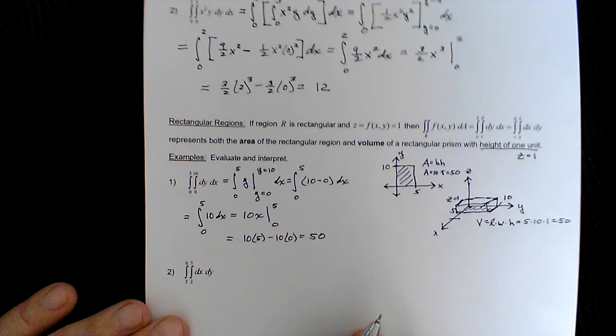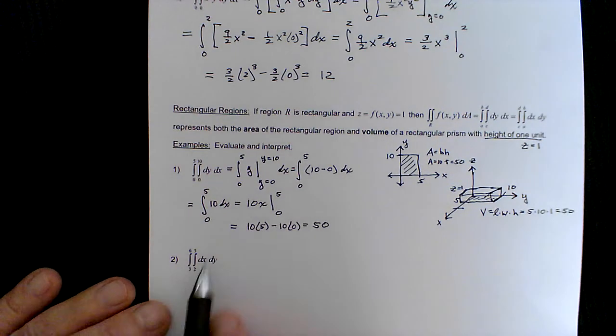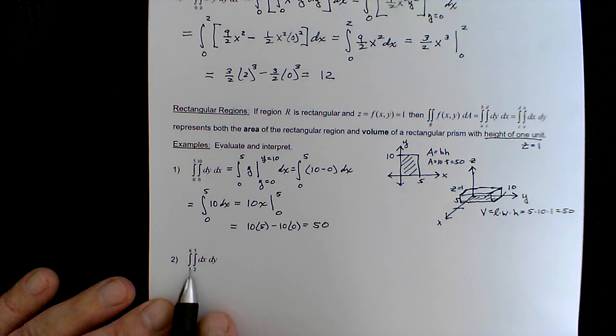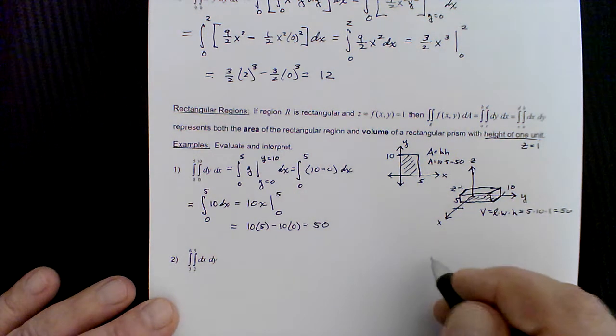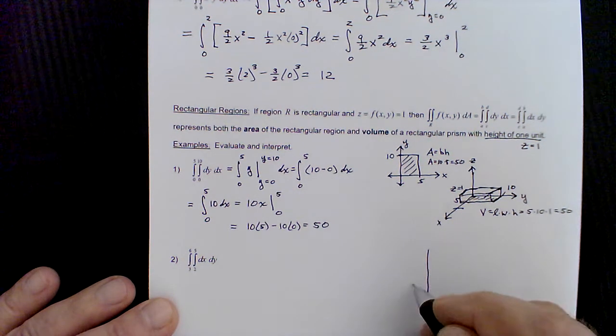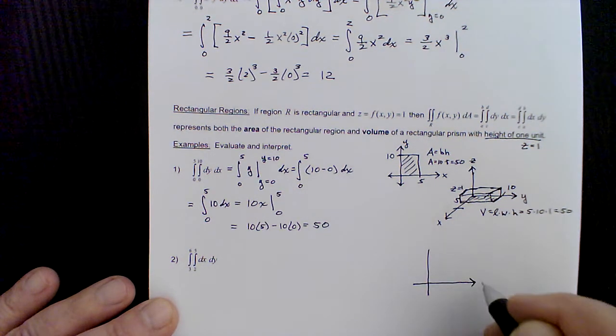It doesn't matter where you start. Here was 2 to 5 and 3 to 6. Just keep in mind 2 to 5 is with respect to x, and 3 to 6 is with respect to y. If you wanted to draw this, let's just do the xy plane. We won't bother with the volume.